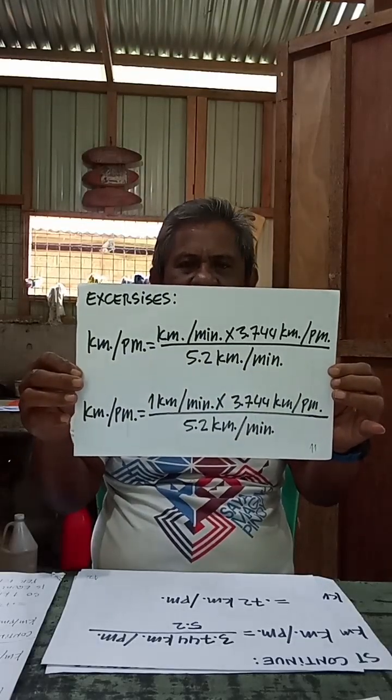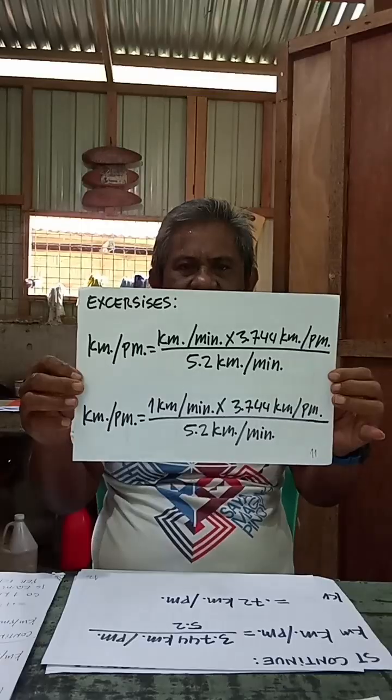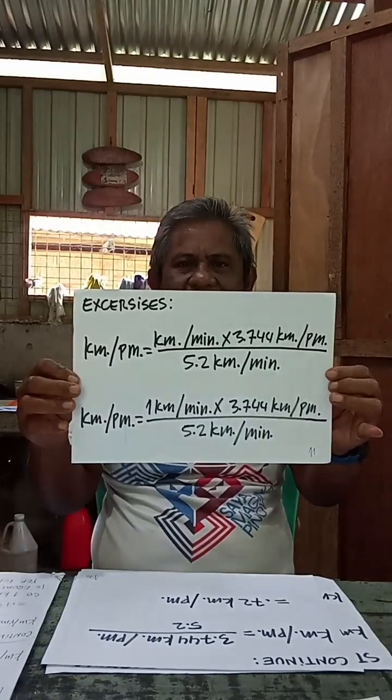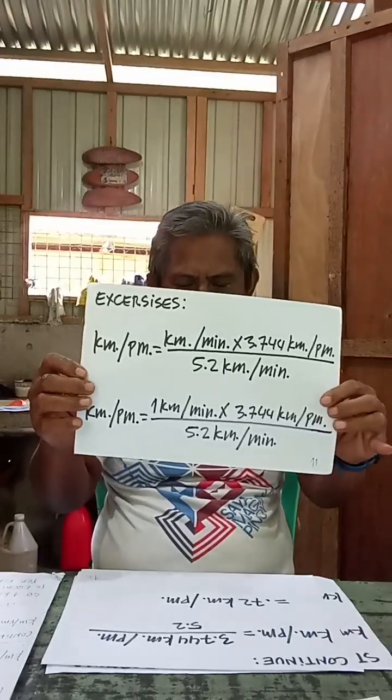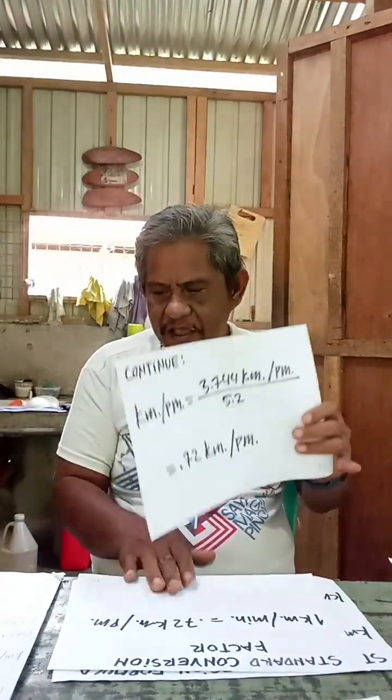So kilometer per minute over kilometer per minute, cancel the kilometer per minute, and the kilometer per peri-minute remains. Continue.